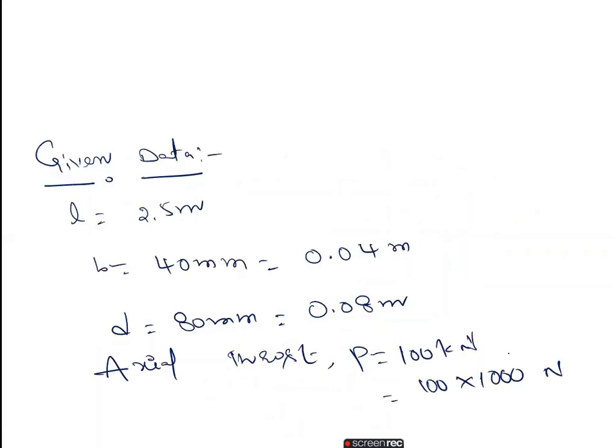If you observe here, the first thing they gave is the length of the strut, 2.5 meters. Breadth is 0.04. Depth is 0.08. And axial thrust P equal to 100 kilonewtons, so if I convert into newtons, that is 100 into 1000.